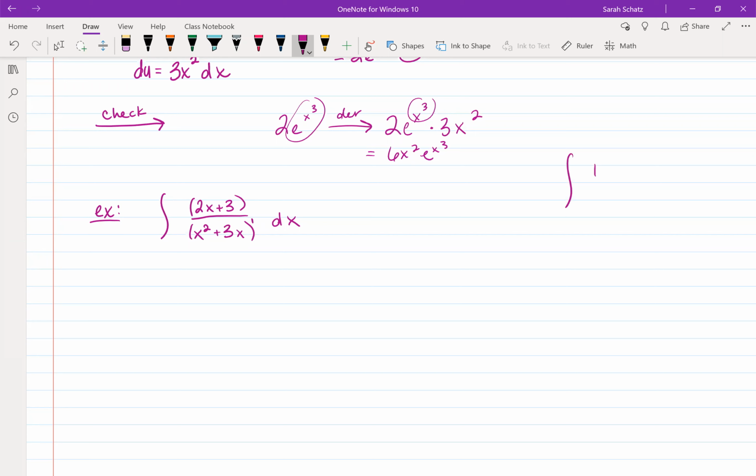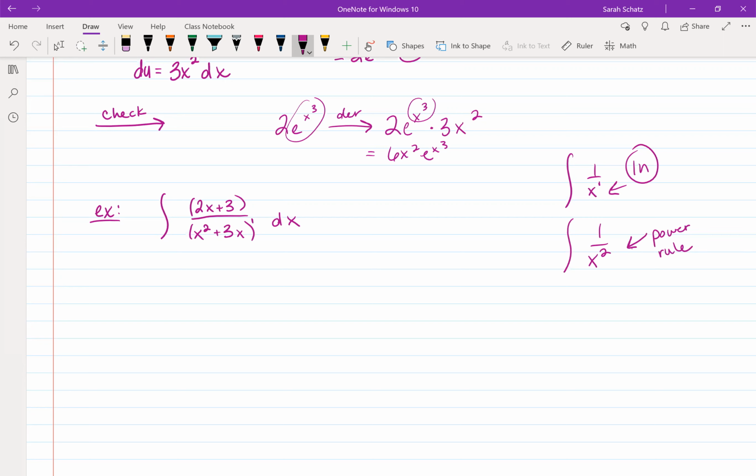Remember, if I had the antiderivative of 1 over x, and it was just x to the first down here, I knew that was natural log and not power rule. So this is going to end up being a natural log when I take the antiderivative. But if I had like 1 over x squared, that was just power rule, right?